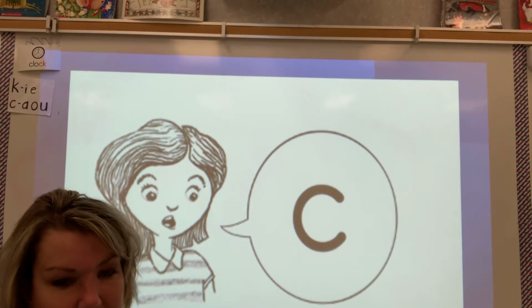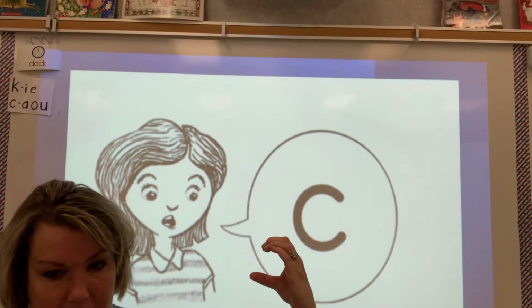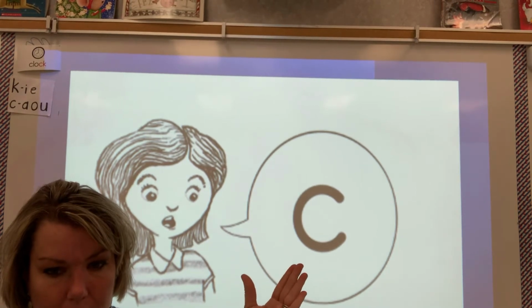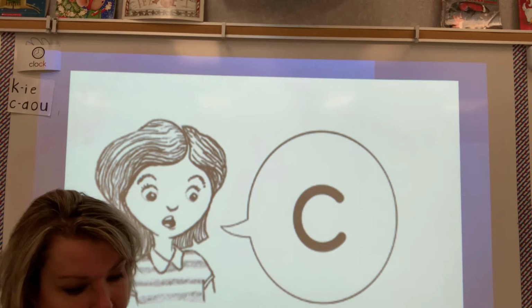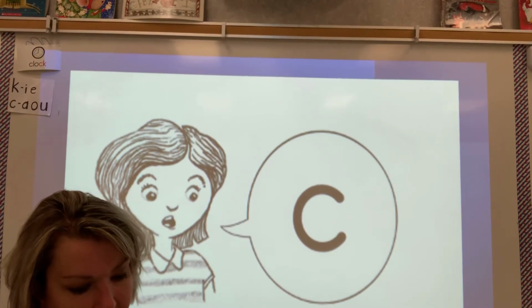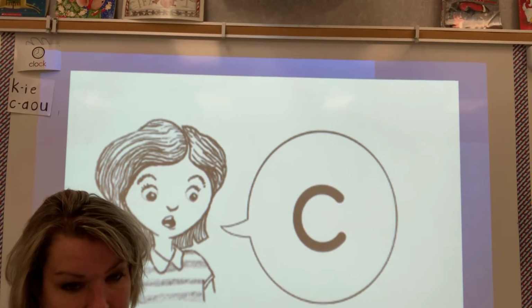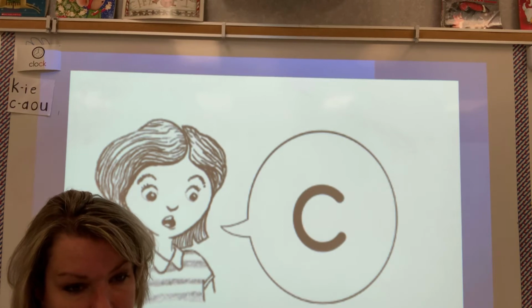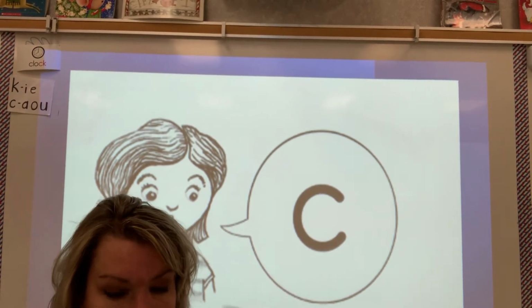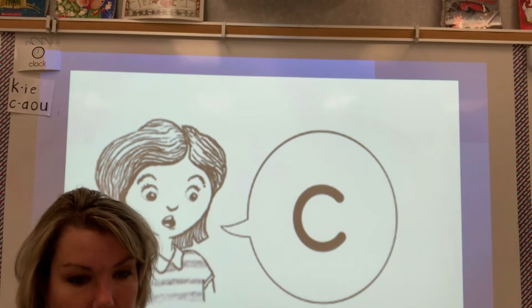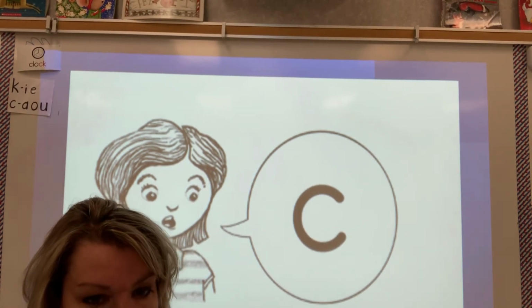Okay, is the k sound a consonant or a vowel? Which one is it? It's a consonant. You're exactly right. It is not a vowel. I'm going to say a tongue twister. Every time you hear the k sound, I want you to touch your nose. What are you going to do when you hear the k sound?